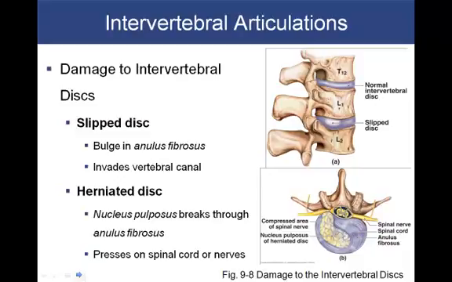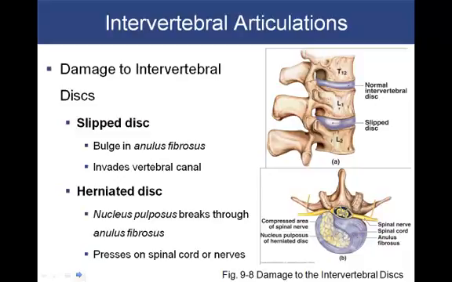This is when you have some type of damage that creates a bulge in a structure known as the annulus fibrosus. And this bulge can invade the vertebral canal and put pressure on the central nervous system.